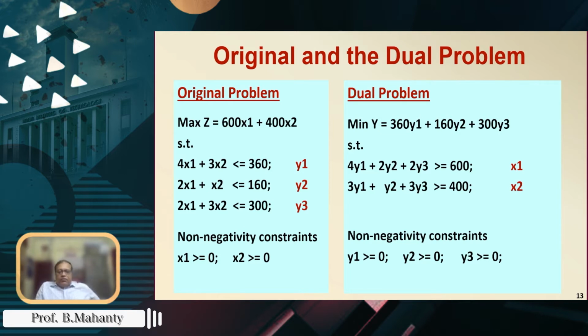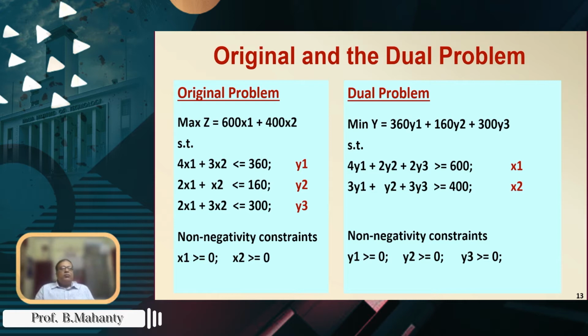Now, one more thing before we move over and see some more examples or insights. Look here, I have given you an example of a product mix problem and a rent problem, and we have shown how those two problems pave the way towards formulation of the primal and the dual problem and show their equivalence.